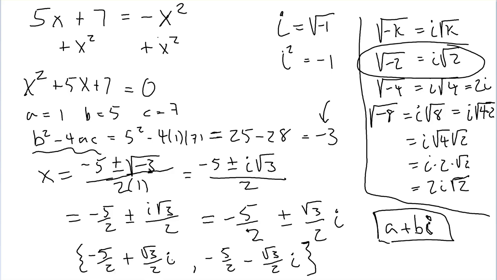It's not necessary, strictly speaking, to do that, but you may want to keep that in mind when you're working out online homework and stuff like that. It may expect the imaginary solutions to be in this form. Again, it's real number plus real number times imaginary i. All right, hope that helped.